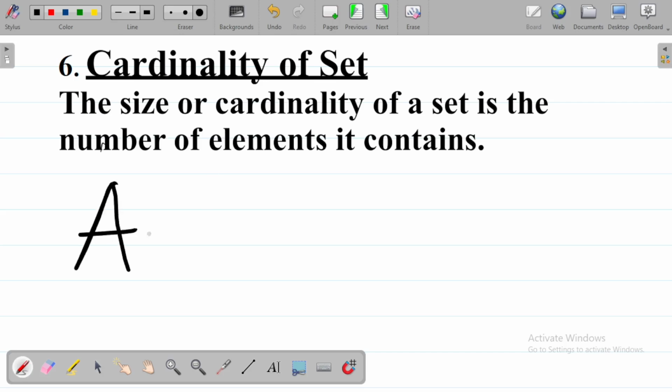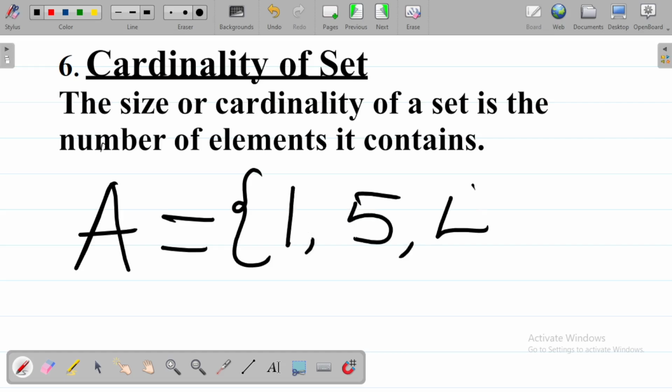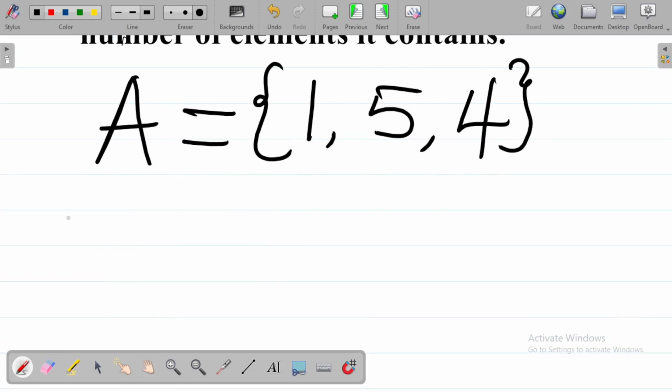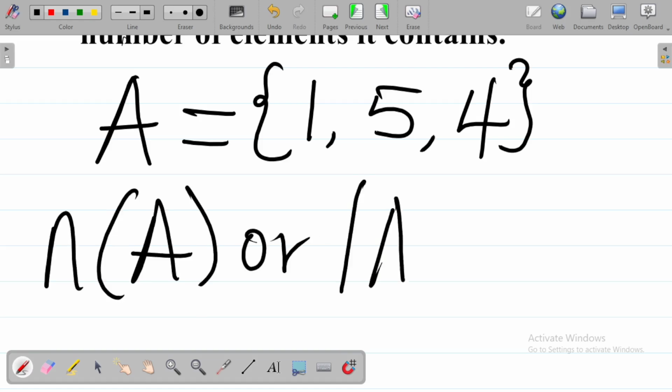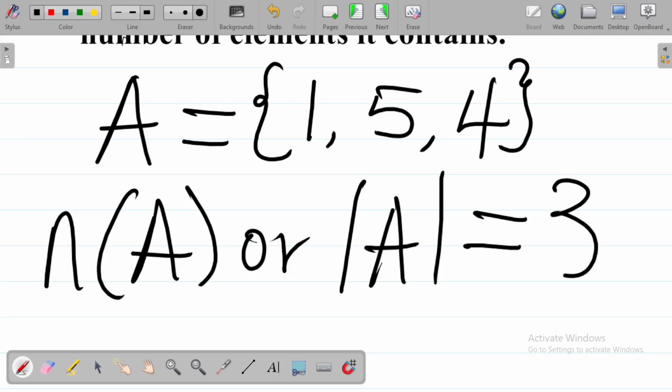If set A is equal to {1, 5, 4}, what is the cardinality of A? The cardinality of A is written as n(A). So the cardinality of A is equal to 3.